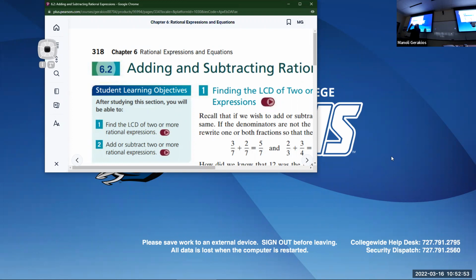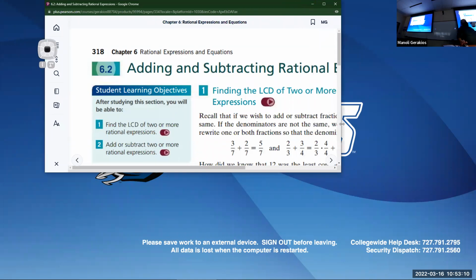Whatever I do to multiply the bottom to make the LCD, whatever that number is, I got to multiply the top by it also. And if you think about that fraction, when I multiply the first one by 4/4, see what they're doing? What is 4/4? What does that simplify to? 1.